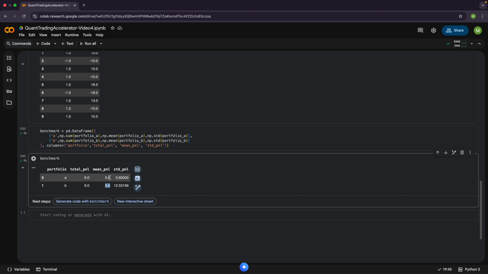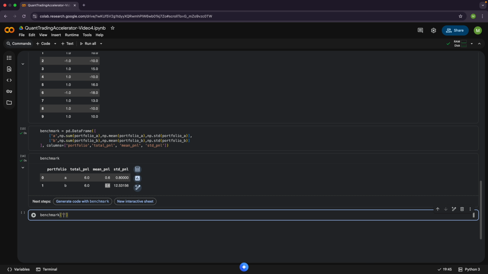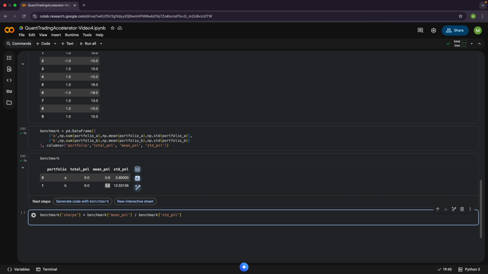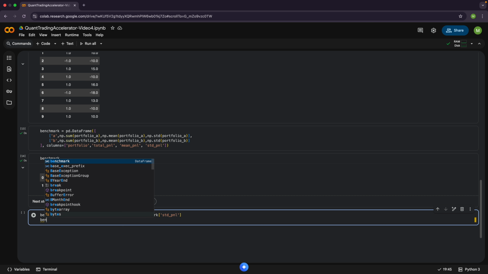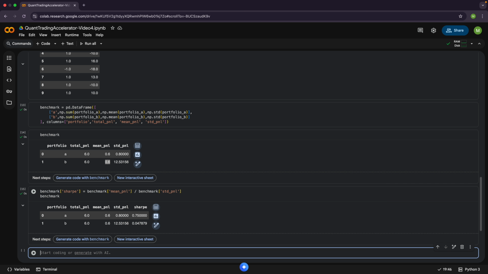So essentially, what we can do now is calculate what's called the Sharpe. To add new columns in pandas, this is the notation for it. It's kind of smart that it knows what I want to do here. So now we're going to run this. You can see now, this is what's called the Sharpe, and essentially the Sharpe is a measure of the return over risk.